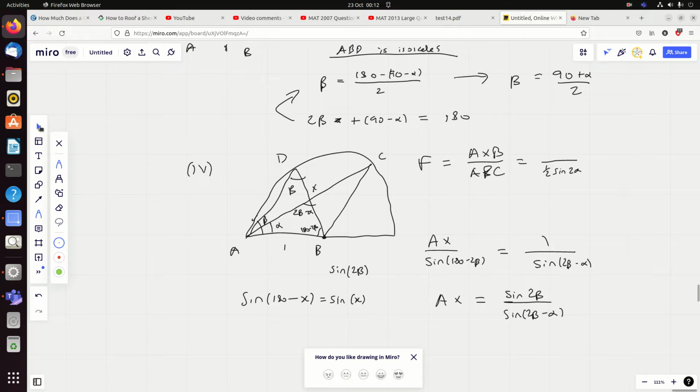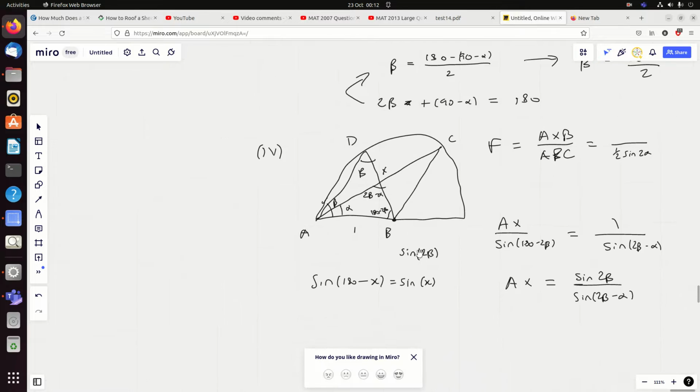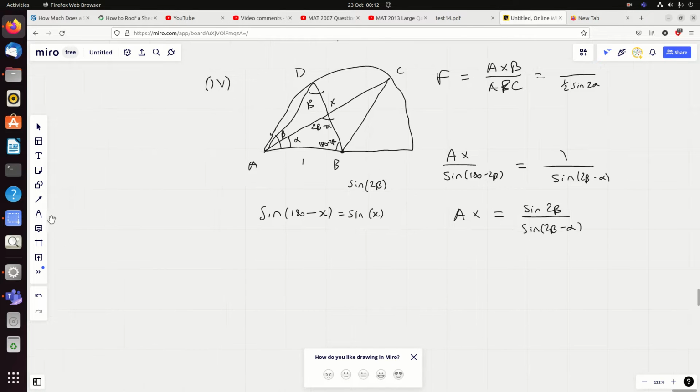And just look at the question once again. What do you have hanging around in there? Both those things. Good. Looks like we're doing it right. And then you just finish it off, because the area of AXB is going to be equal to AX, which is sine 2 beta over sine 2 beta minus alpha, multiplied by 1, multiplied by the sine of the angle in between, which is alpha.